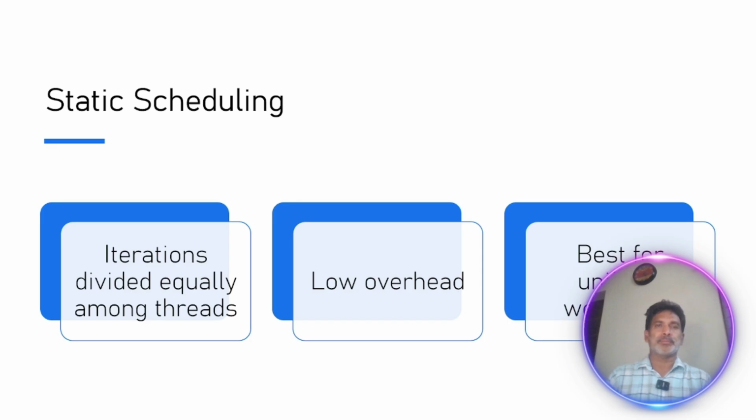For example, suppose we have a loop with 1000 iterations and 4 OMP threads.